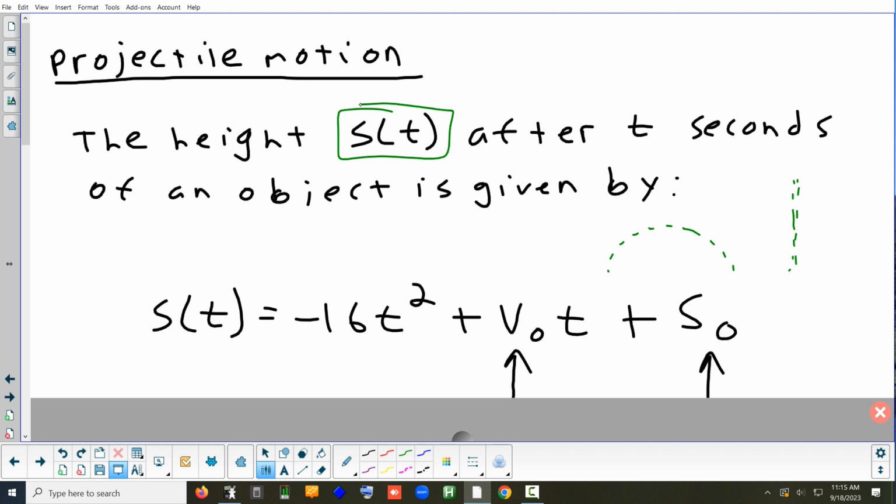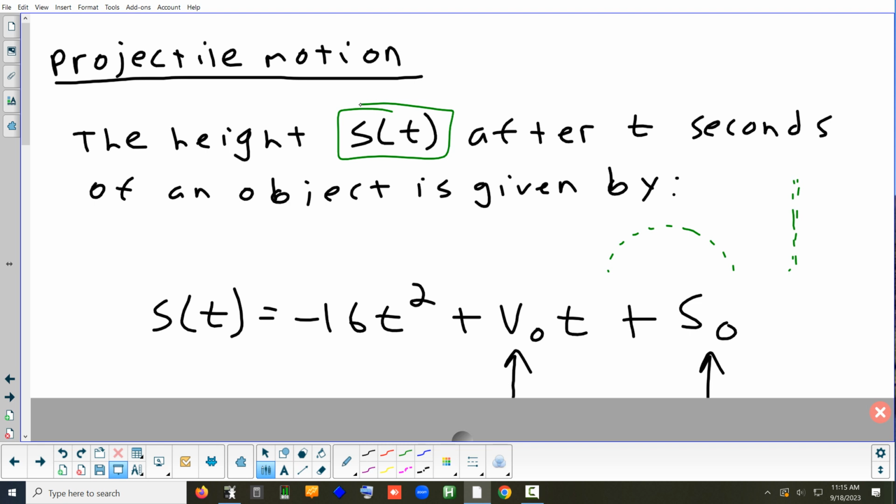So let me read the formula, and then I'll tell you what each thing is. The formula is negative 16t squared. It's always a negative 16. That comes from physics. But then the rest of it, we have to fill numbers in. So negative 16t squared plus v sub 0 t plus s sub 0.